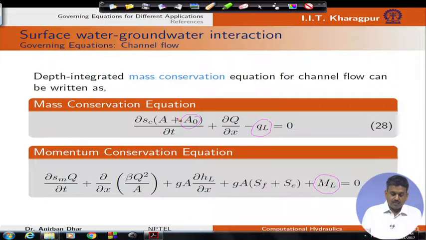So, with these two equations, if we compare these two, this QL and ML relate it with the groundwater equation.